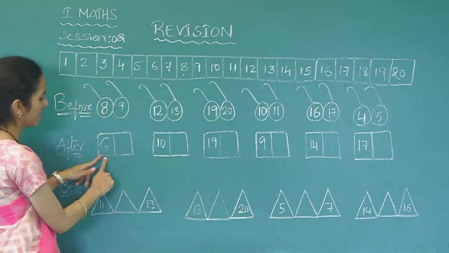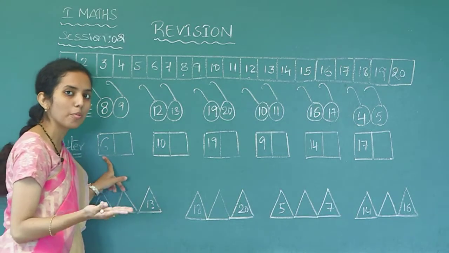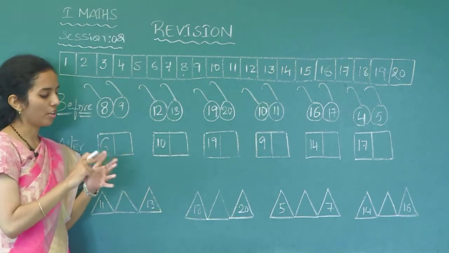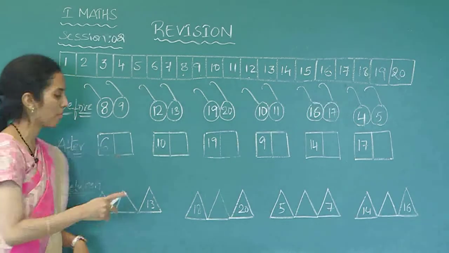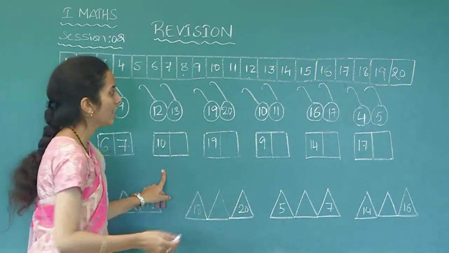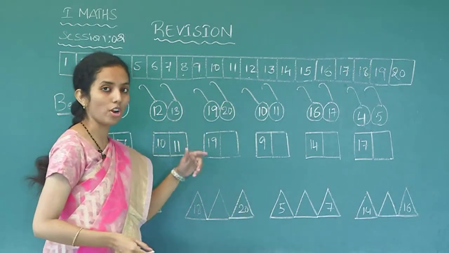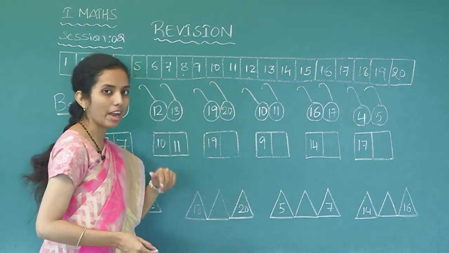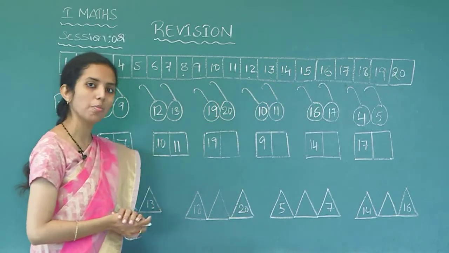Now, let us see 6. After 6 what number comes? 1, 2, 3, 4, 5, 6 and after 6, 7. Without looking at the numbers we can write 7 here. And after 10, 11. I know you know the numbers by heart.